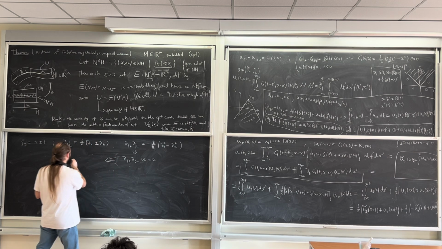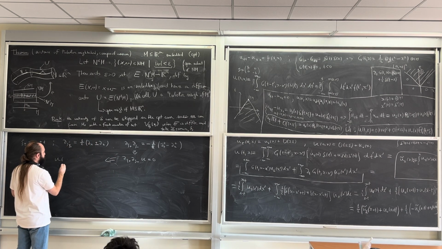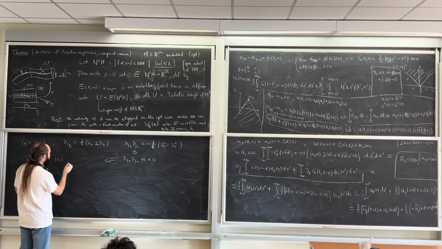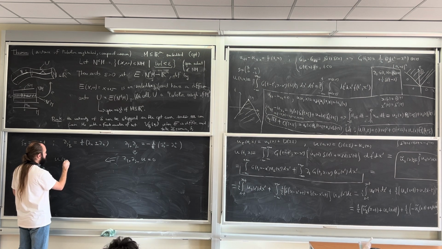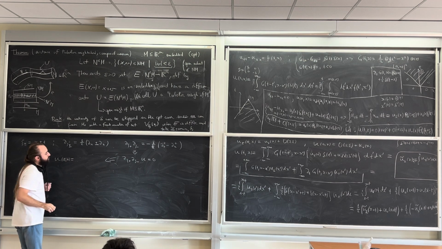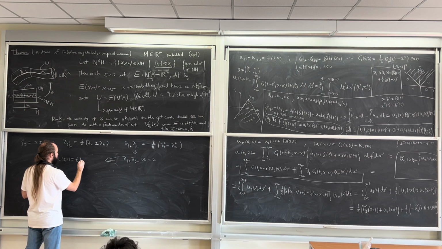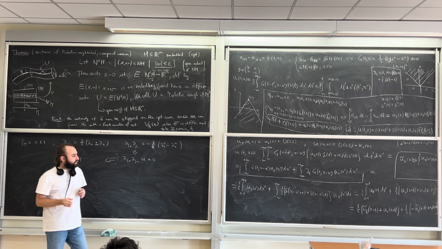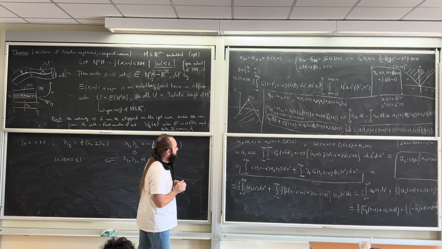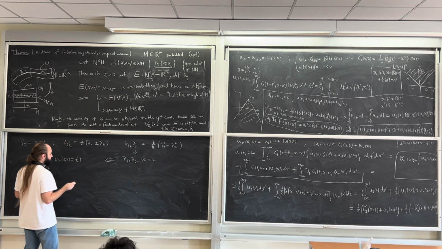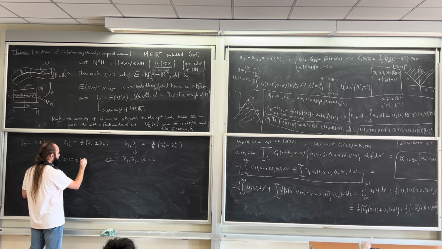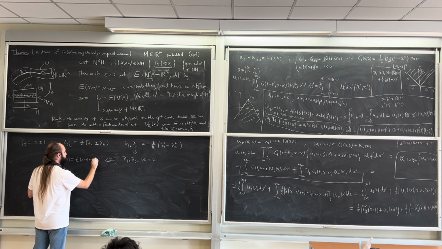Therefore u of x and t equals some f plus of x plus t plus f minus of x minus t.